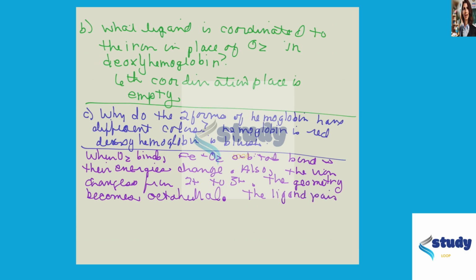The ligand pairs interact with the electrons in the d orbitals of iron. The repulsion raises the energy difference between the d orbitals of iron.